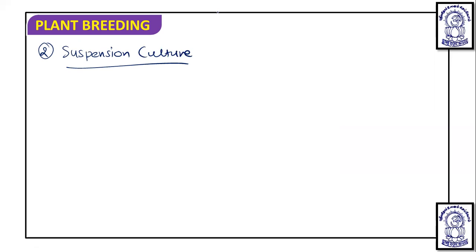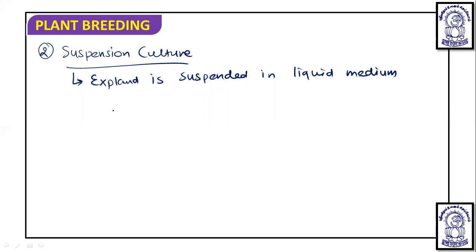In suspension culture, the explant is suspended in liquid medium containing 2,4-D, which is a type of auxin.